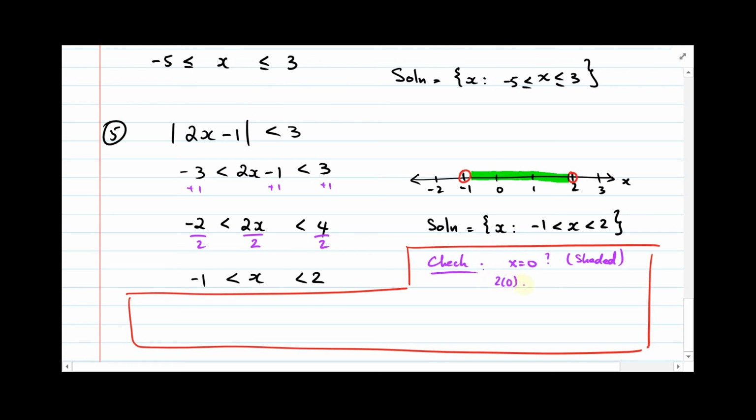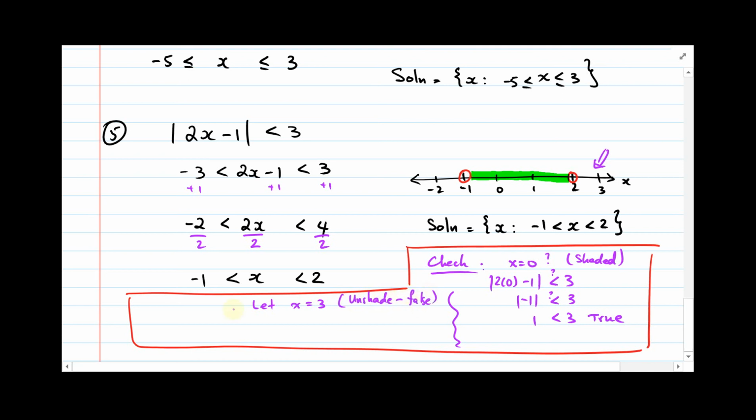2 times 0 minus 1, the absolute value of that, is this less than 3? Absolute value of negative 1, is this less than 3? 1 is less than 3. So that's a true statement. I'll only check one other region. I'll check the positive. So if I let x equal 3 on this number line, it's unshaded, so I should end up with a false statement.